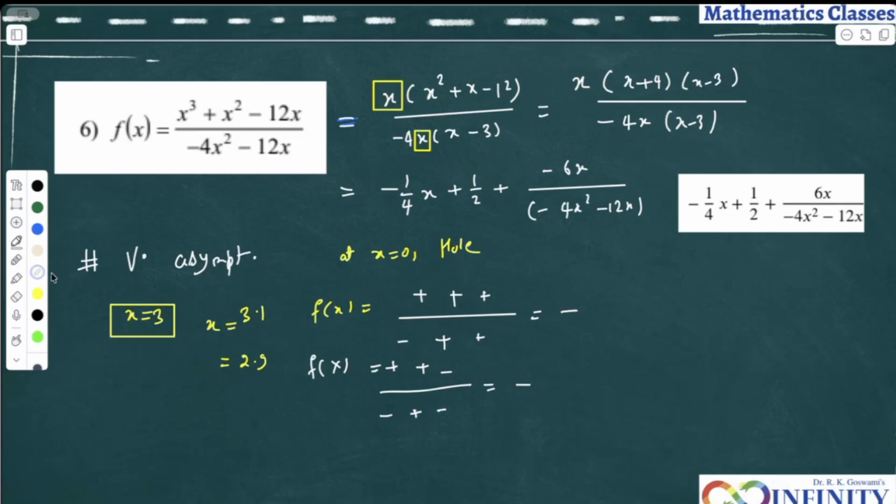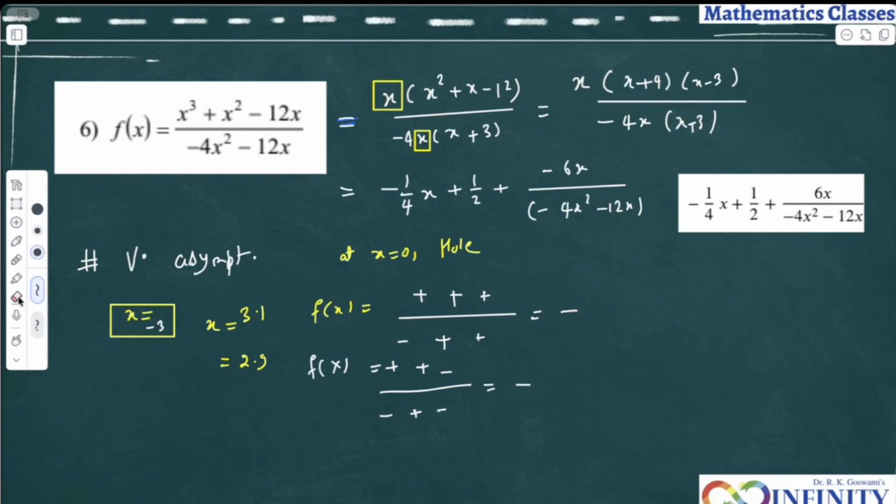There is a mistake from my side actually. It is not your mistake. It is a mistake from my side. It should be positive there, right? Yeah. So the asymptote is going to be minus 3. And I can tell you x equals minus 3 is going to be the vertical asymptote.